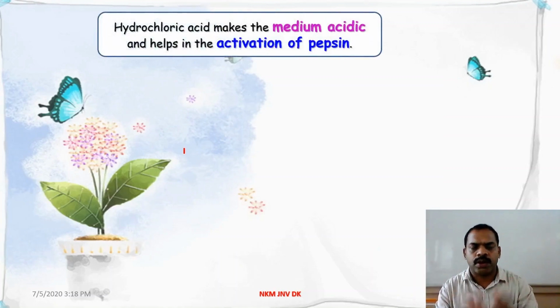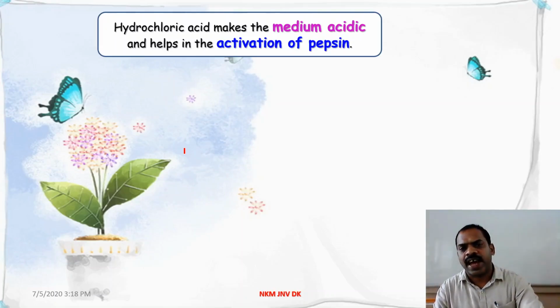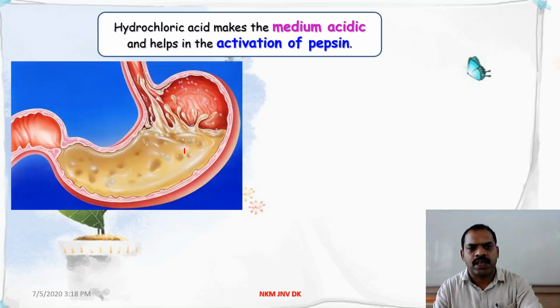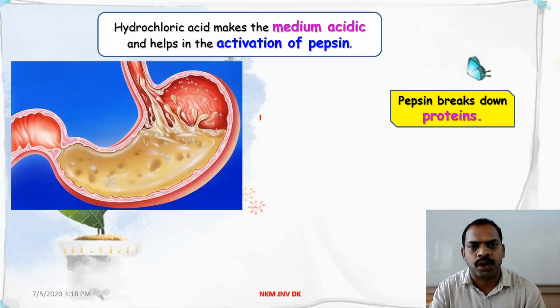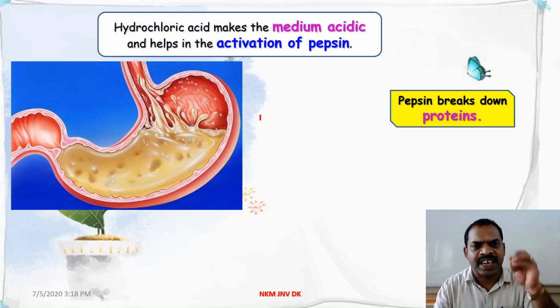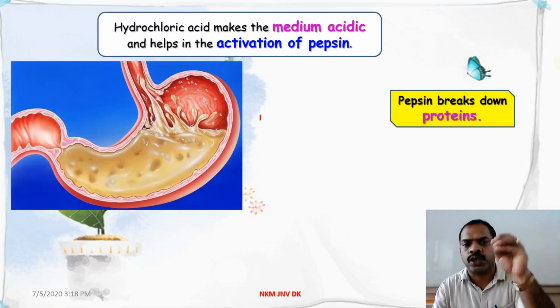Hydrochloric acid in our stomach has a number of functions. The first one is activation of pepsin. So what is pepsin? We told it is also a secretion. It is an enzyme that breaks down protein. See, the digestion of protein starts in our stomach. Who will do it? Pepsin. But in order to digest the protein, pepsin has to be activated. That means pepsin is produced in our stomach in inactive form as pepsinogen.